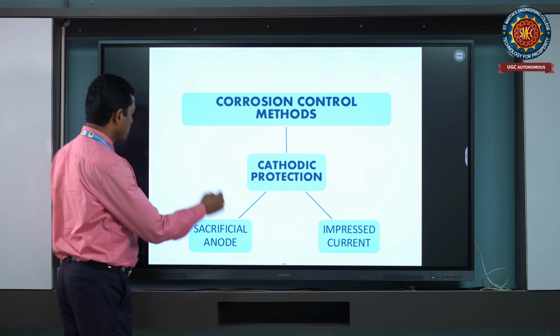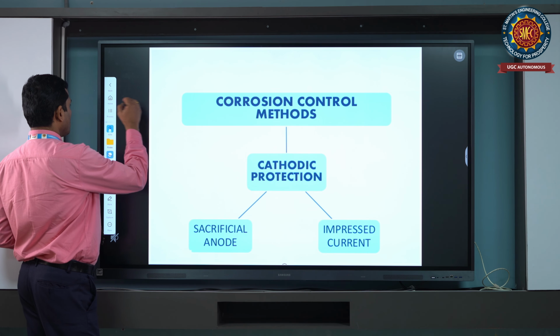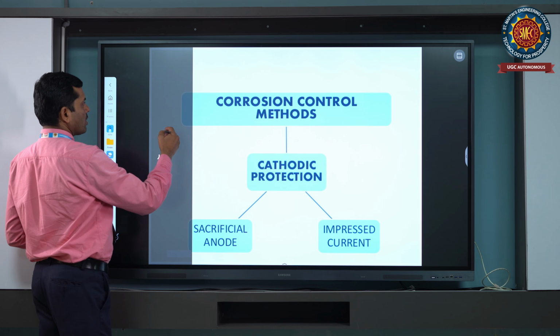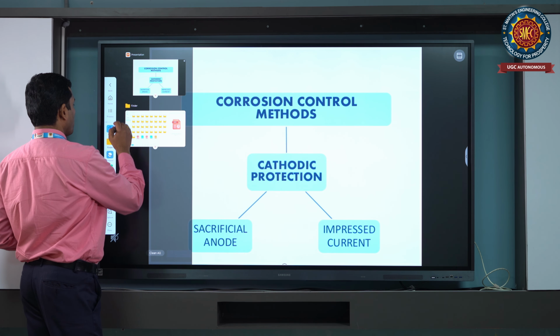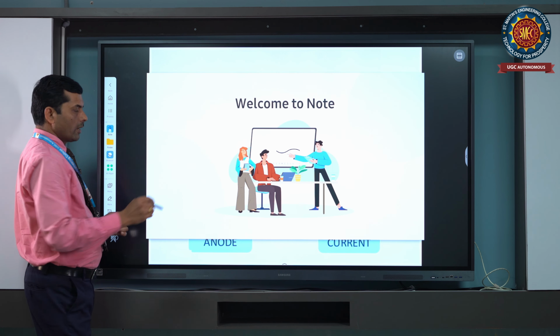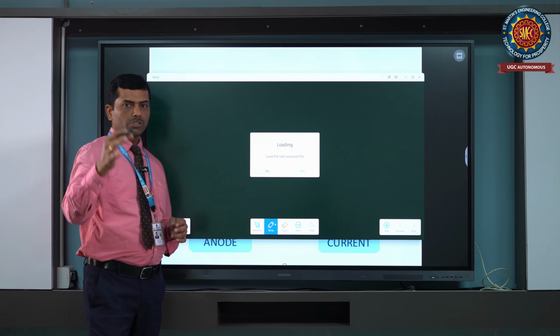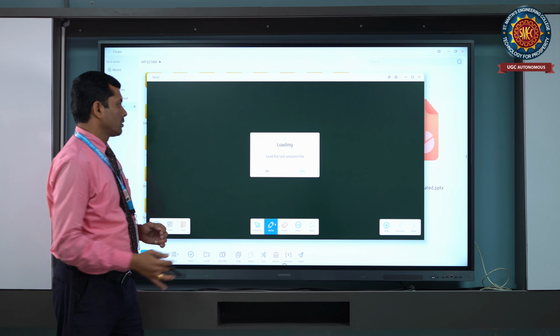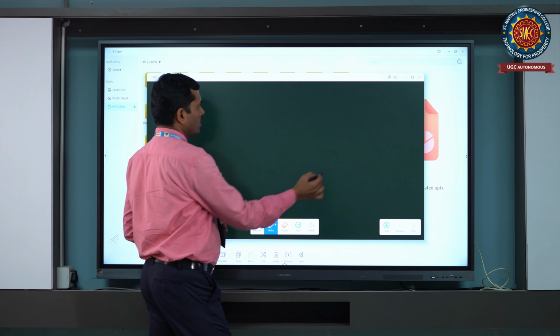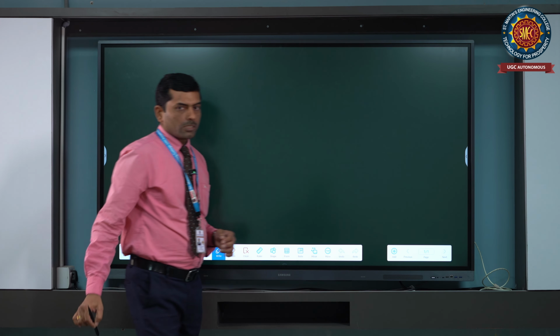The next part is corrosion control methods. I just want to show one example of how cathodic protection works. We have two methods: the sacrificial anode method and the impressed current method. So in this process, what happens?